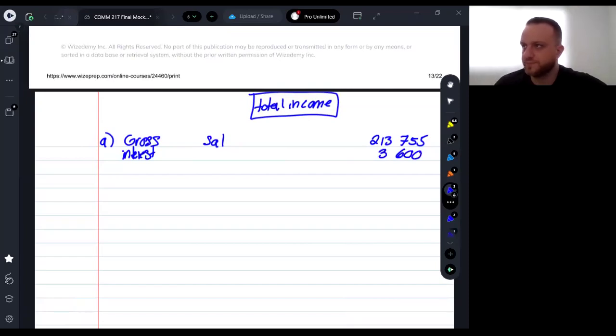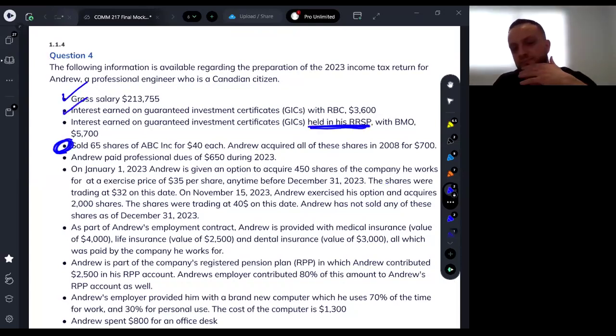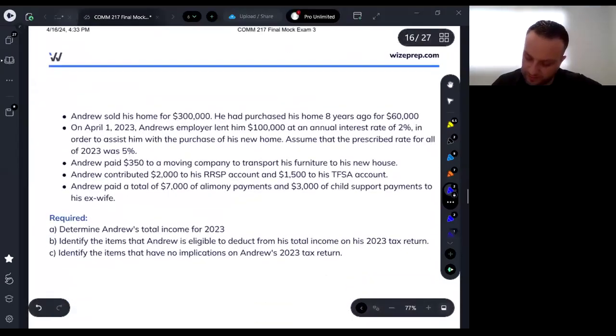Okay. We have interest earned on GICs inside his RRSP. What are we gonna do with this? Is this the same treatment? You don't tax until you take it out, so you don't touch it. Exactly. You're not taxed until you pull it out, so this has no effect. So A is the total income.